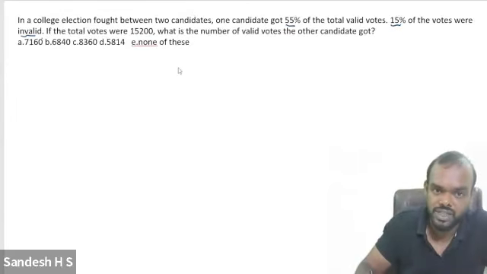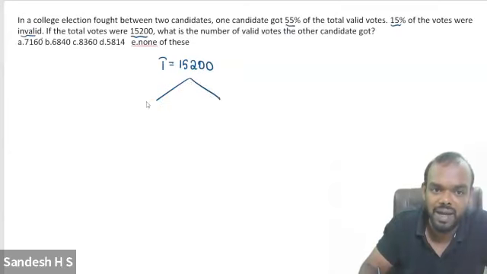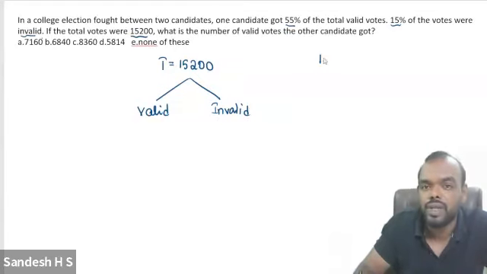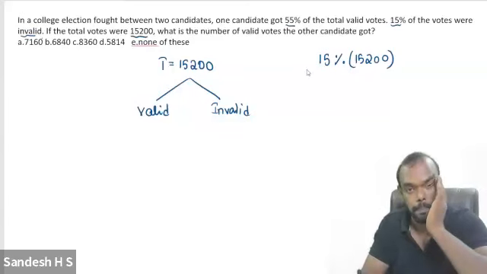So first, total votes. The total votes were 15,200. In this, we will have valid and invalid. Now, how many are invalid here? 15%. 15% of 15,200. These are invalid votes.